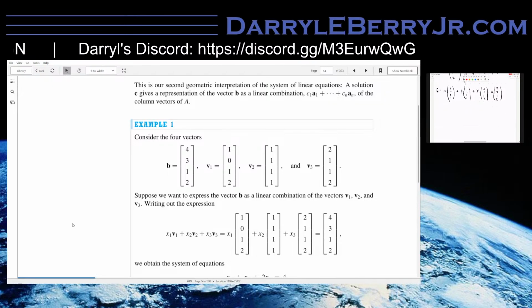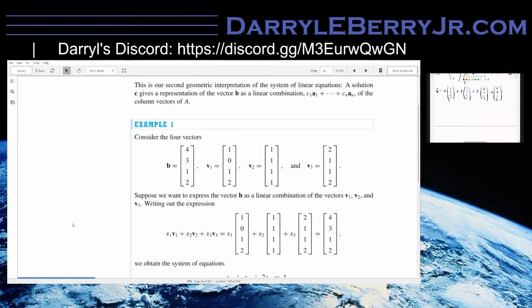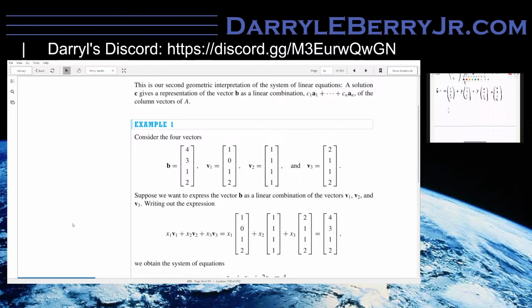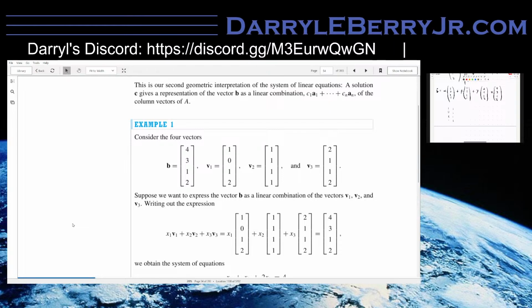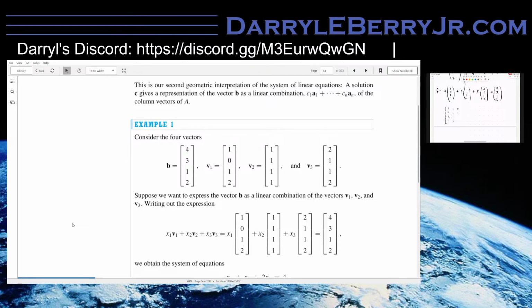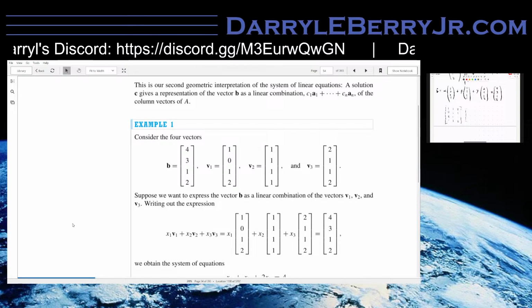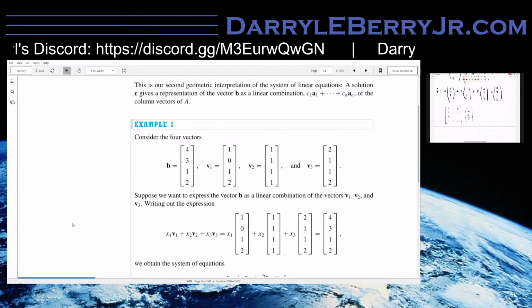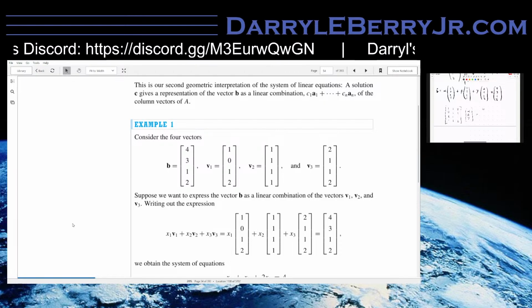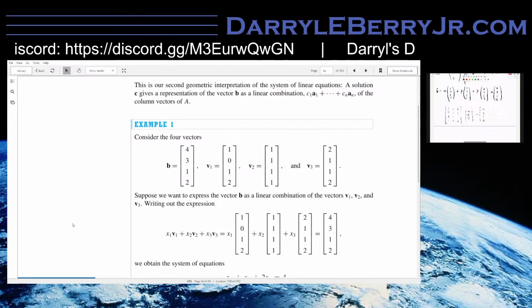So I'm thinking of making these into a system. If we were to do that, we would have the matrix with columns 1, 0, 1, 2; 1, 1, 1, 1; 2, 1, 1, 2. The vector would be alpha, beta, gamma, and that would equal 4, 3, 1, 2.